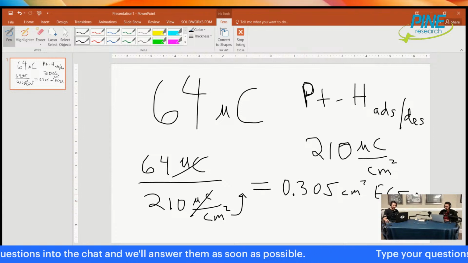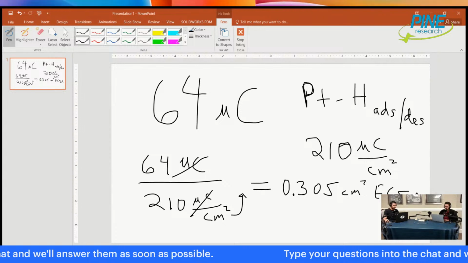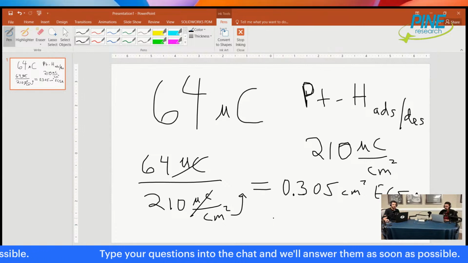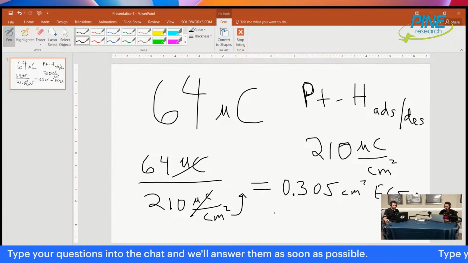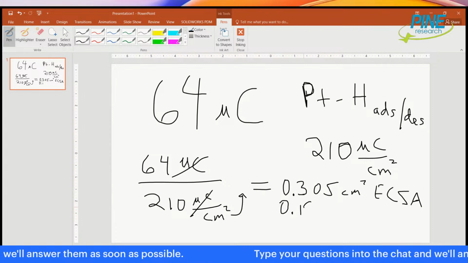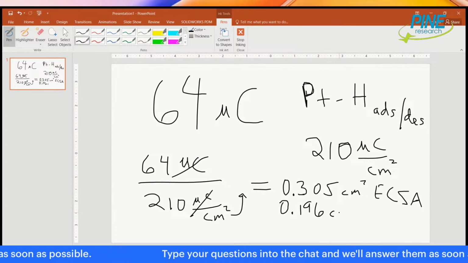Now, I don't actually remember. It's been literally, I don't know, 9 years since I got this data, but this is probably performed on one of our common disc electrodes. My company makes these disc electrodes, and they have a geometric surface area of 0.196 centimeters squared.